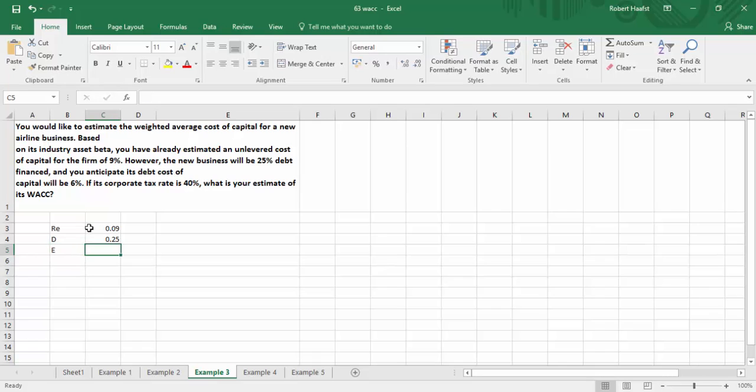We know that the equity is 75%, to value. And we know that our cost of debt is 6%. Alright.